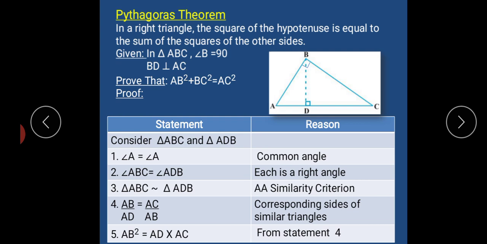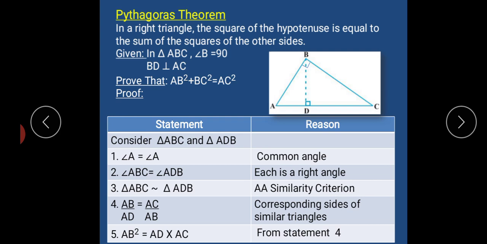Start with A, a common angle. Then go to the right angle, that is B in this triangle, D in the other, and then the third vertex. These two triangles have AB as the common side. So angle A is equal to angle A because it's a common angle. Angle ABC is equal to angle ADB. Each is a right angle. So the two triangles are similar by AA criterion.